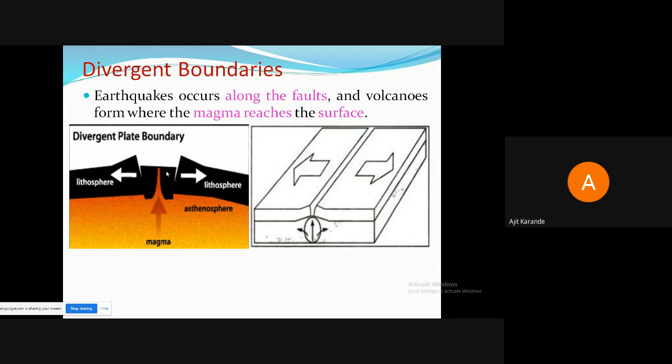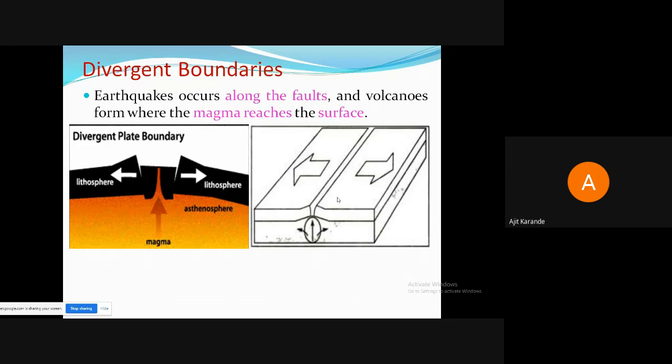And due to formation of the valley region, the underlying magma, or liquid material, wells up to the surface. So this is one type of cross section. In cross section you are able to see these two successive plates. You can see another figure.